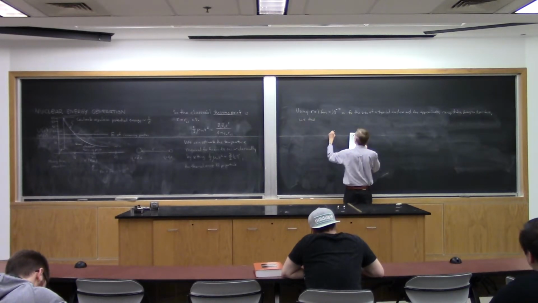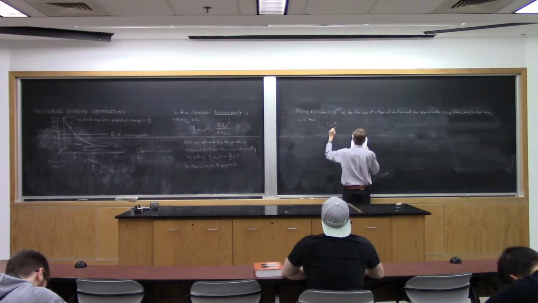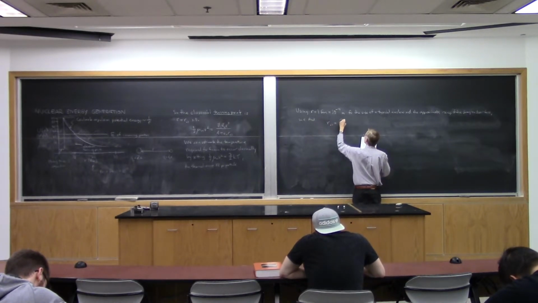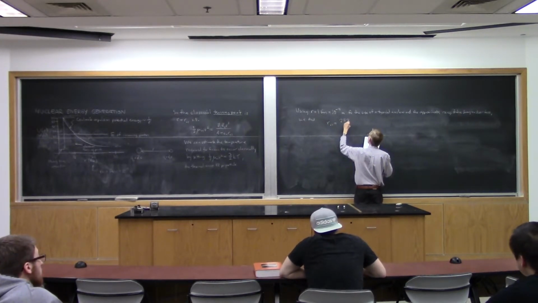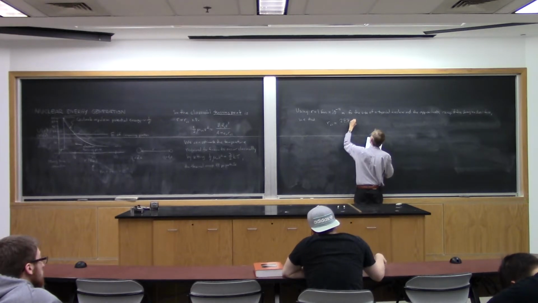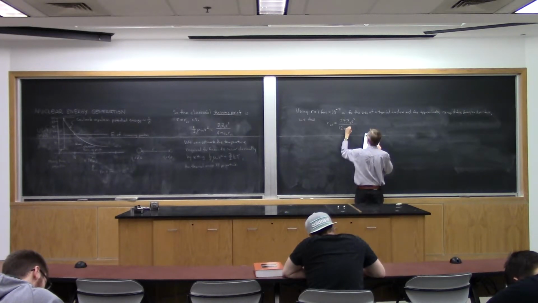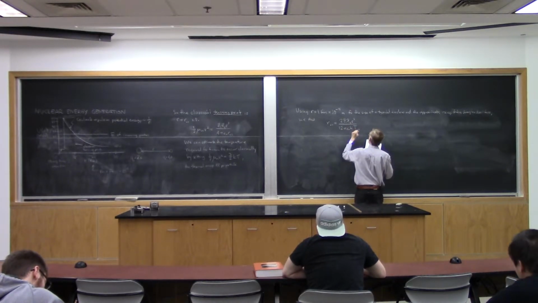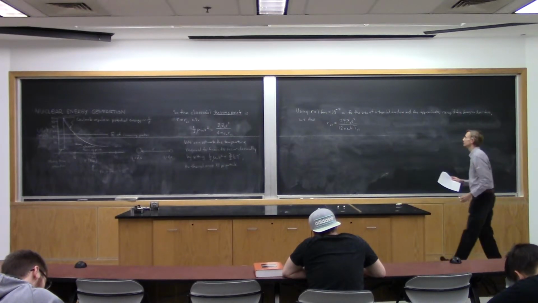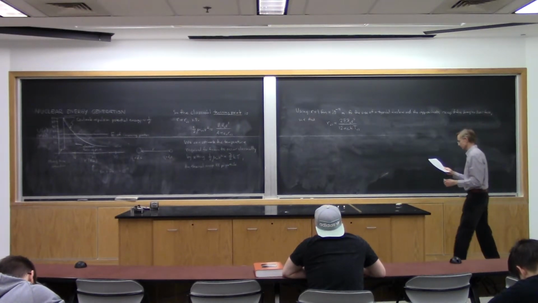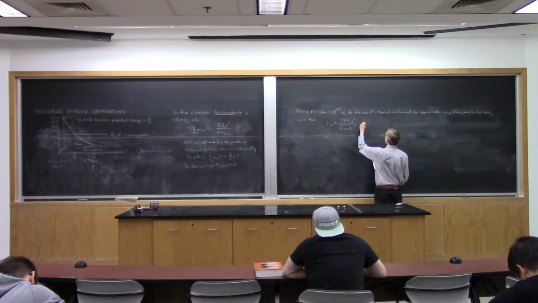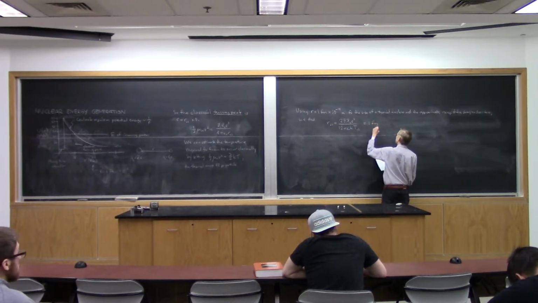We find R classical is 2 Z1 Z2 e squared over 12 pi epsilon naught k T classical. We're setting that equal to 1 Fermi.